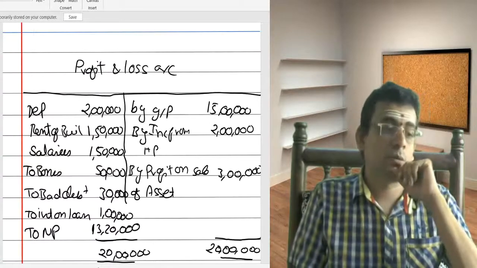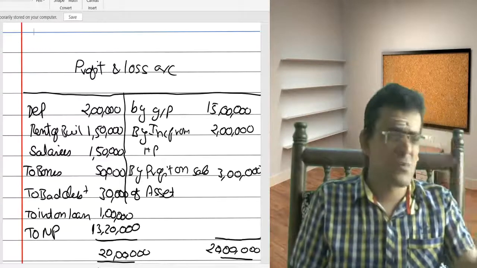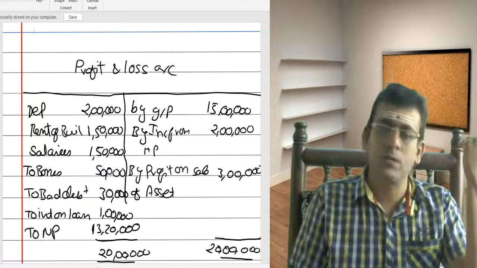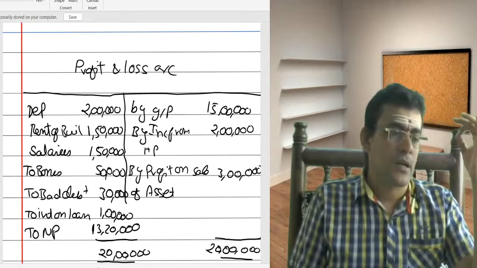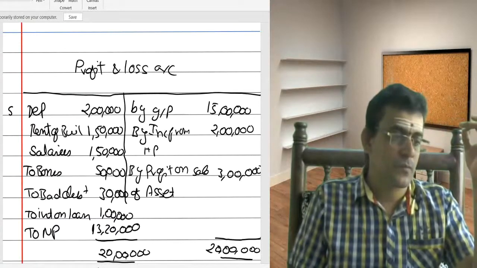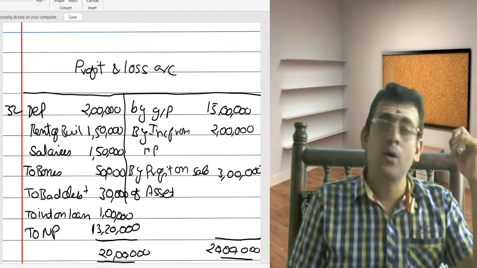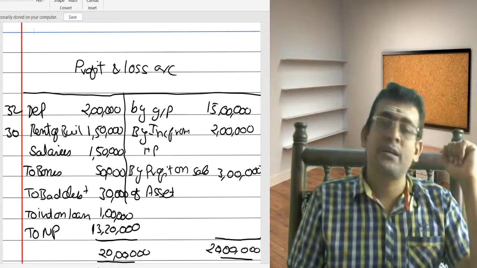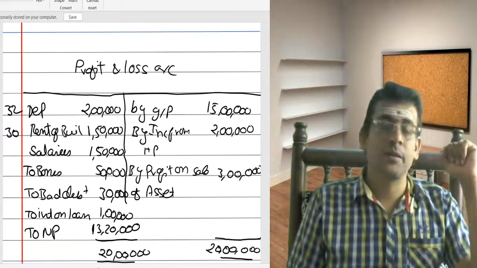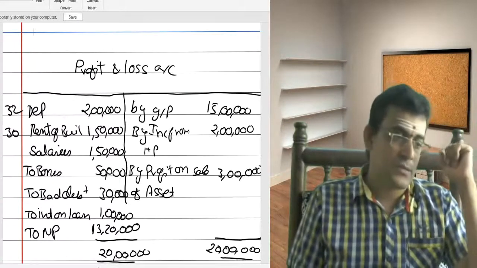Now, this profit and loss account is prepared in accordance with accounting concepts, accounting standards and accounting policies. Section 32 of the Income Tax Act allows you to take depreciation. Section 37 allows salaries.